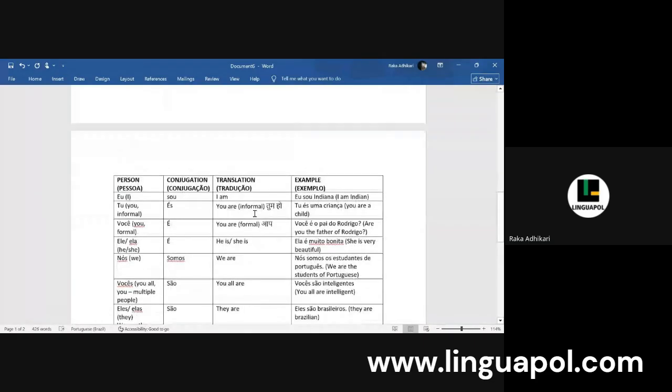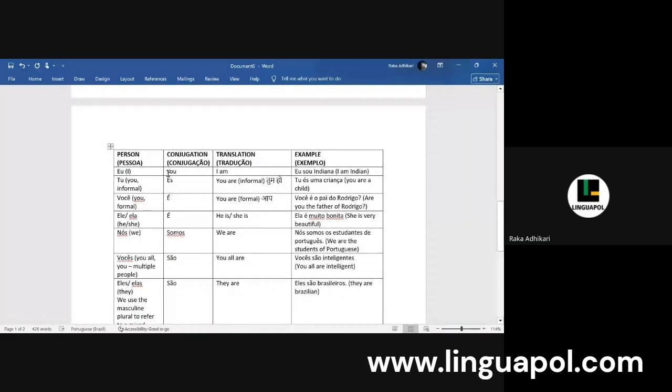Okay, let's do the same thing with the estar. So all of this will remain same. Only the conjugation and the examples will change. Okay, so the subjects will remain same, the meanings remain the same, because in English we don't have a separate word for temporary and permanent, but the examples and the conjugation will change.